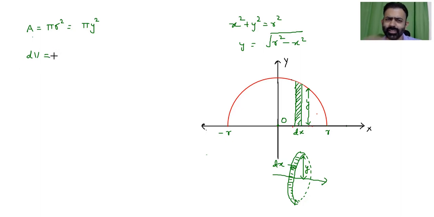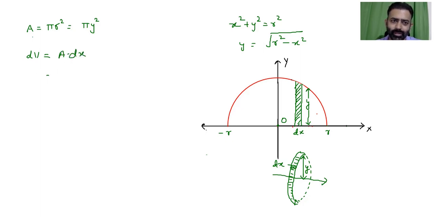So it is just, if you multiply the area of cross section with the length, you will get the volume. This is in very lower classes, right? So volume will be area into dx.